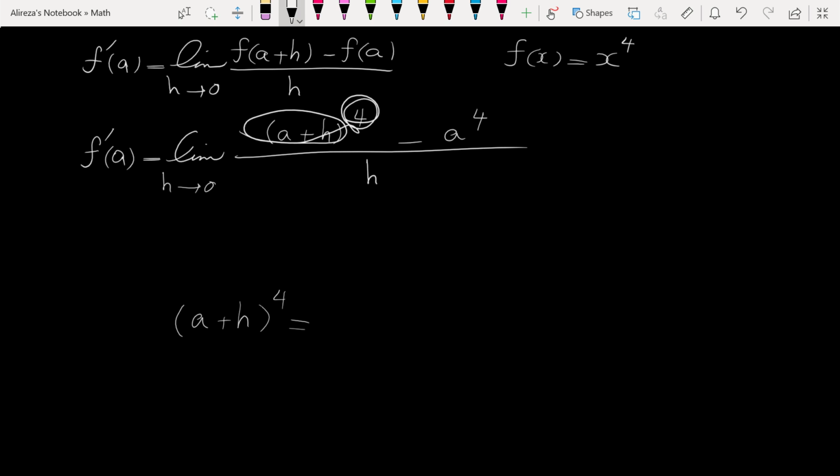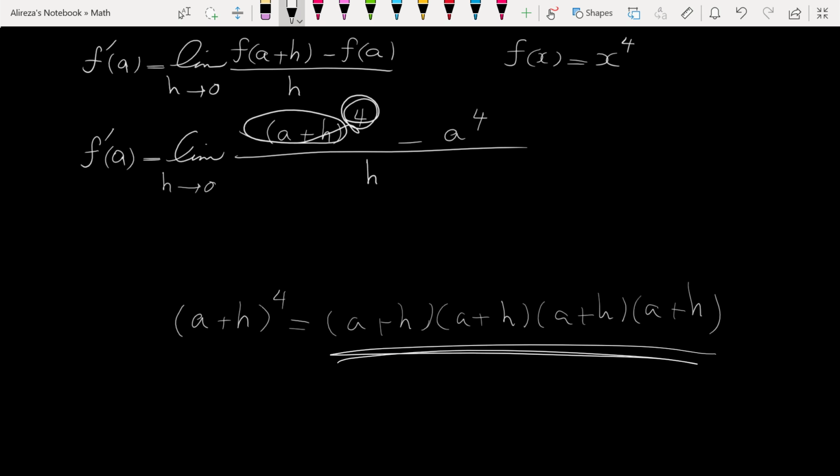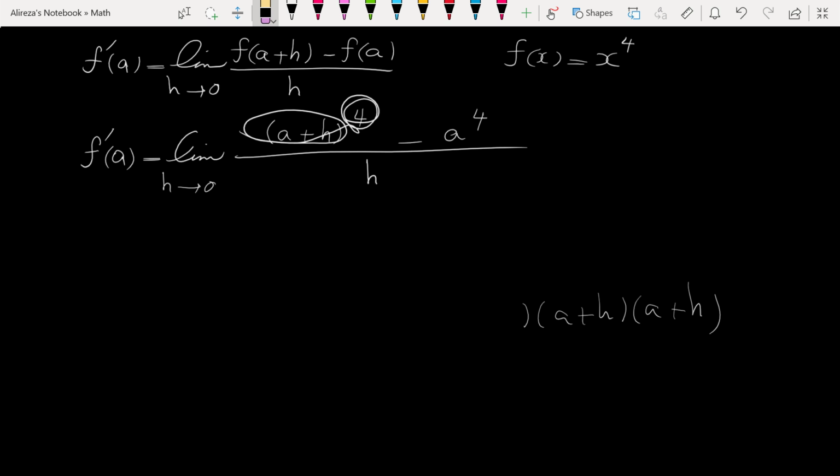But if you want to find this by multiplying a plus h by itself 4 times, it takes a lot of time and needs a lot of algebra. The better way, instead of expanding a plus h to the 4, is to use again the difference of squares identity.